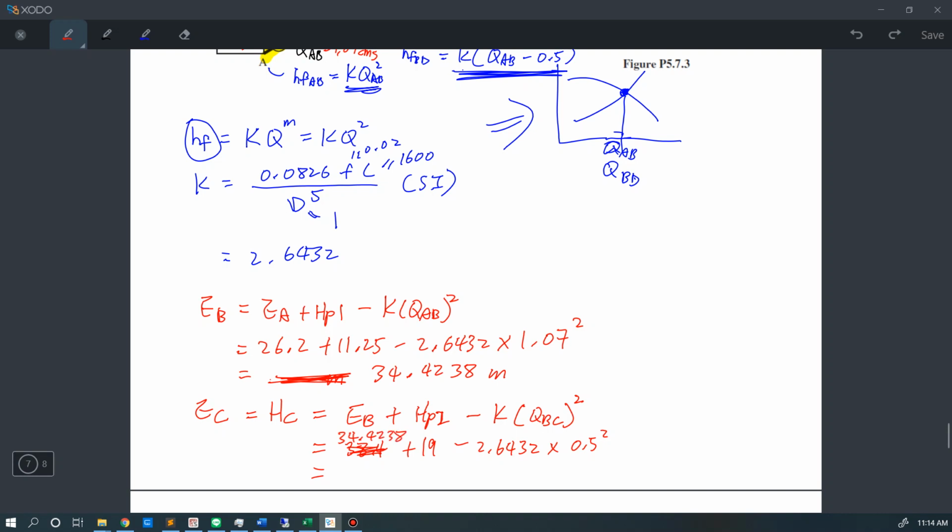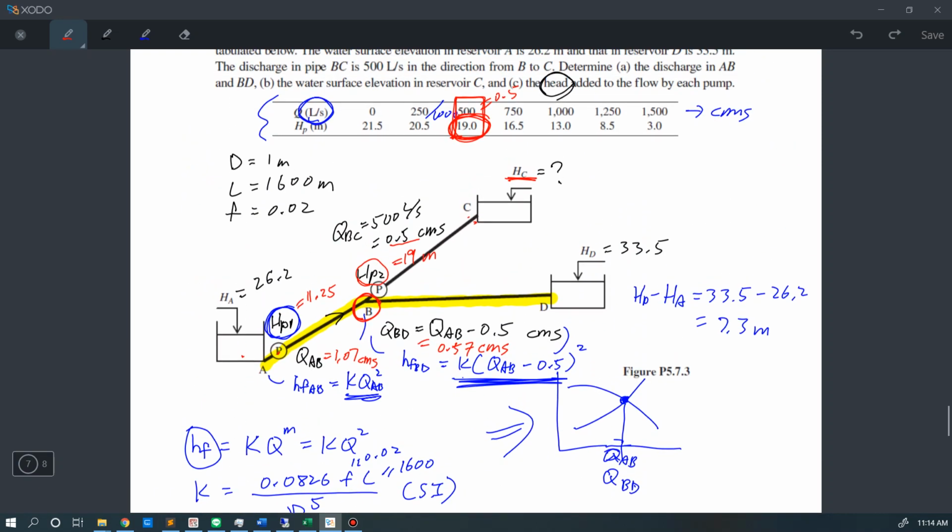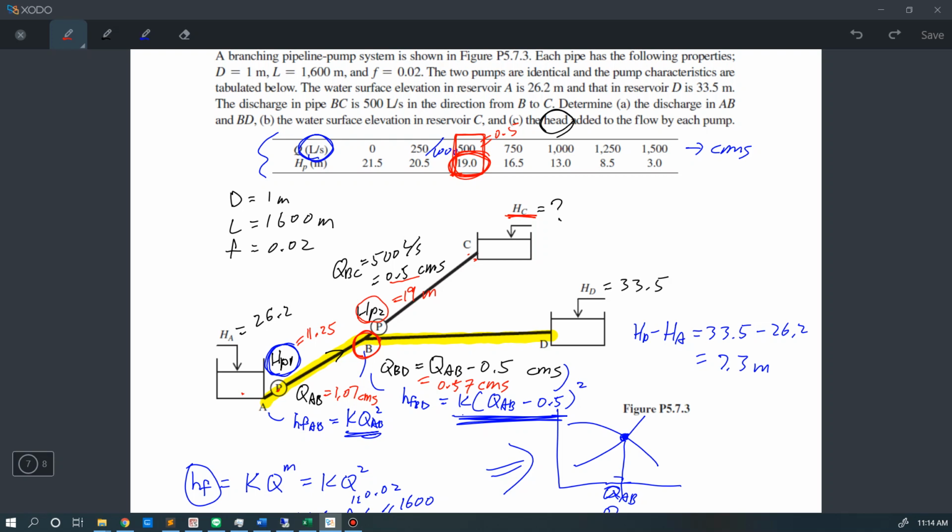Okay, so we will have the final answer for HC equal to 52.76 meter. Okay, let's just go back here and write the answer down. 52.76 meter. Okay, now we have completed solving this problem.